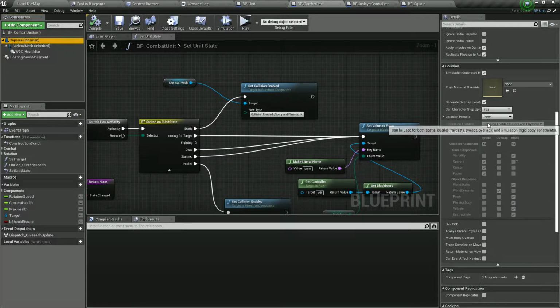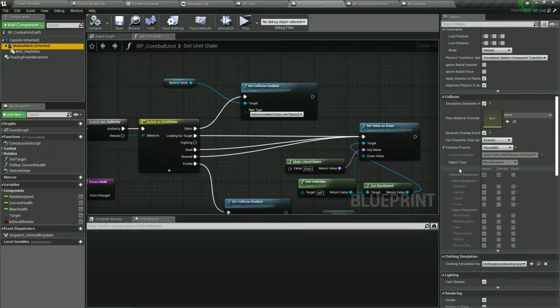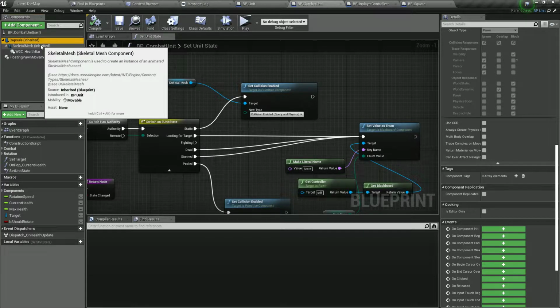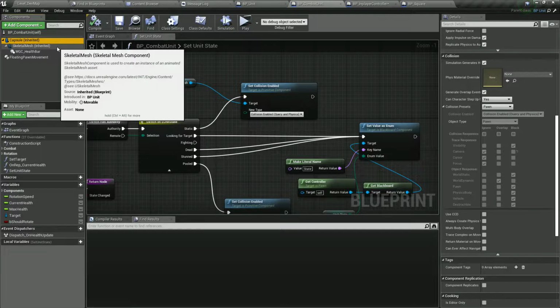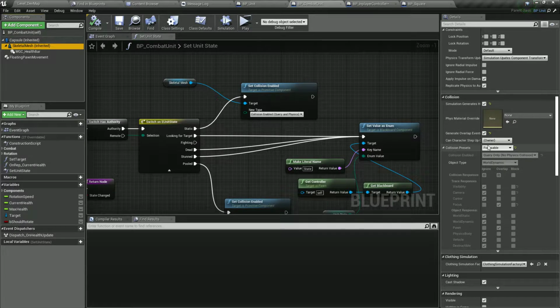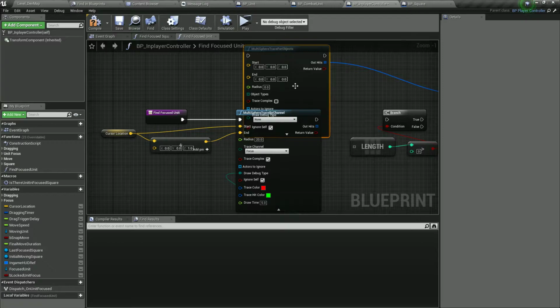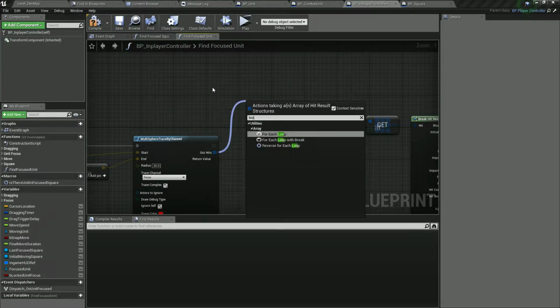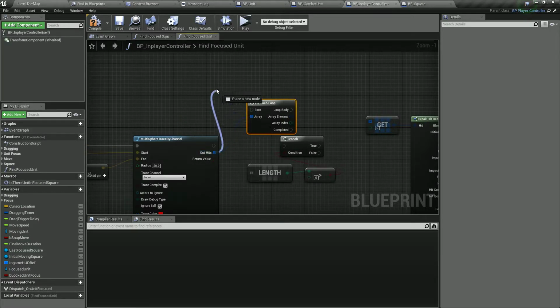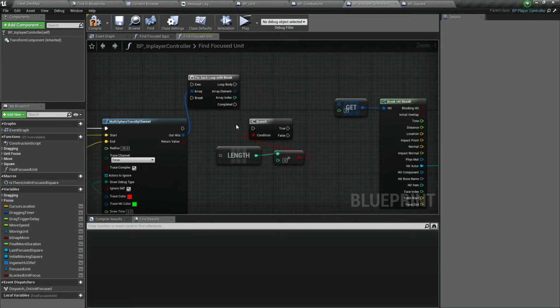Yeah, this is a pawn. I think we don't want to be looking for that. Yeah, we're going to look for focusable here, so that's the same thing we were doing. But we want to loop, we want to break.